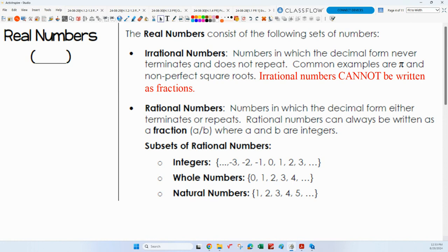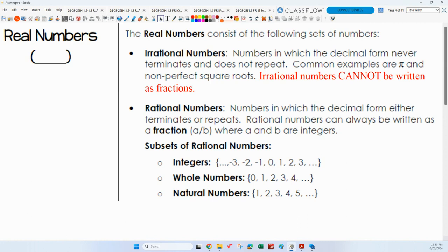So what's going to happen if I write an irrational number as a decimal? Then it has to do the other stuff. What's the only other option? If rational numbers as decimals always repeat or terminate, what's that tell you about irrational numbers written as decimals? What are they going to look like? Do they repeat?